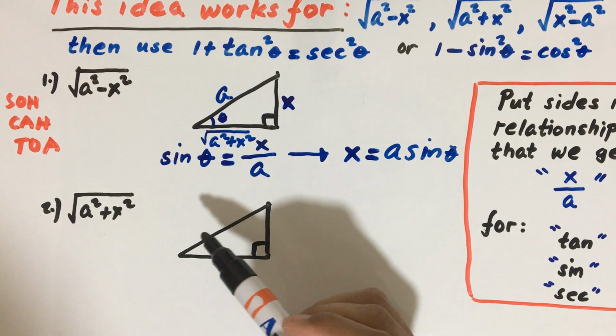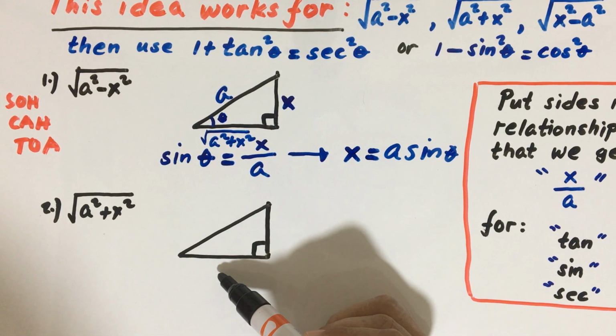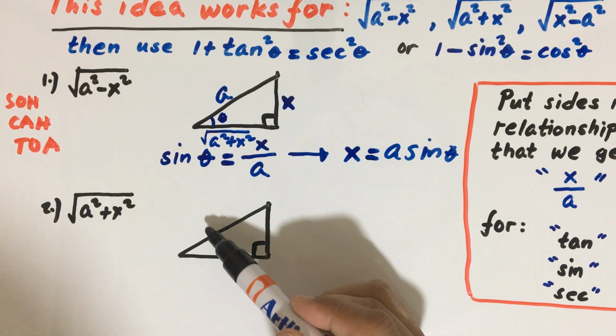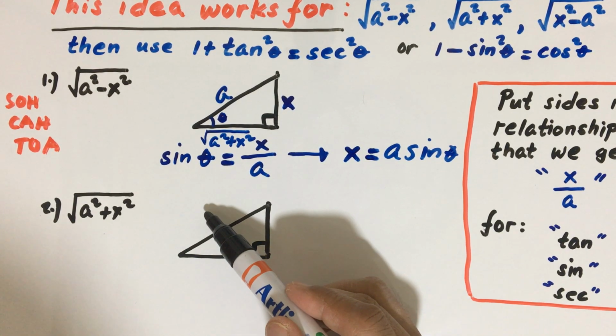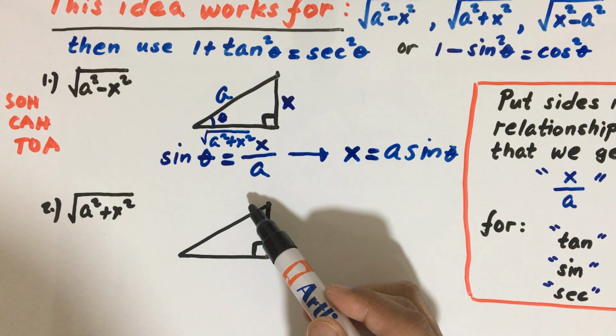In other words, this is a squared plus x squared, so this is square root of a squared plus x squared.